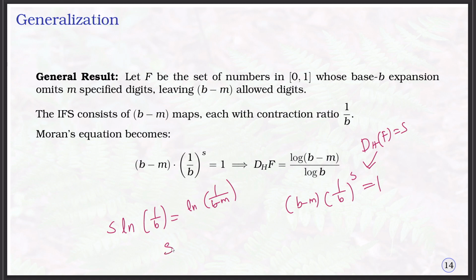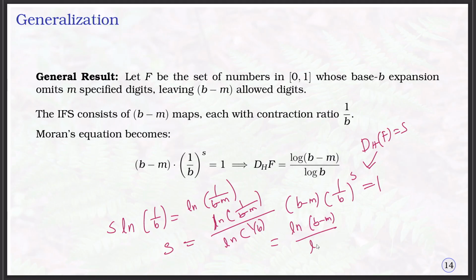So s one can get is ln of 1 over (b minus m) over ln of 1 over b, which gives ln of (b minus m) over ln of b. Now, according to the base expansion, in the previous one we were in base 10 and the digit 5 was omitted.